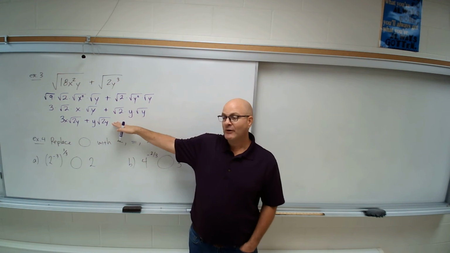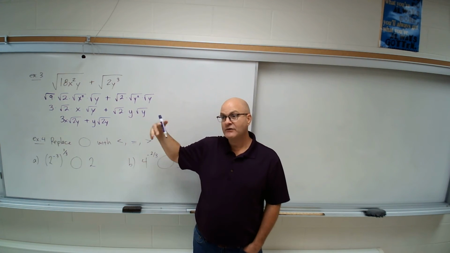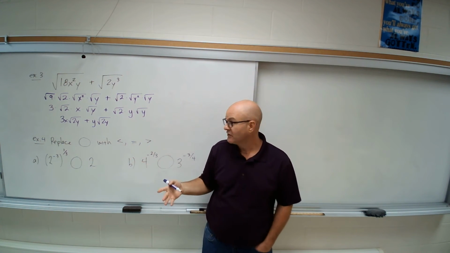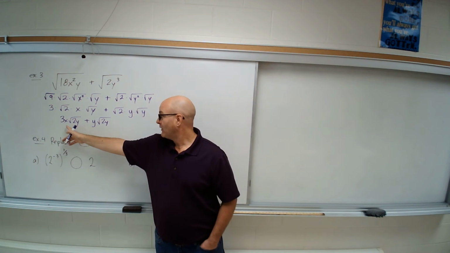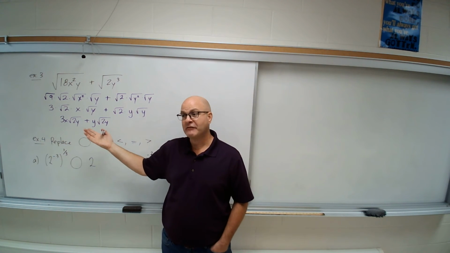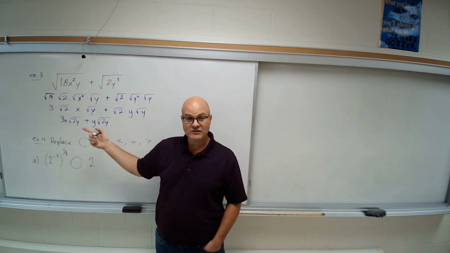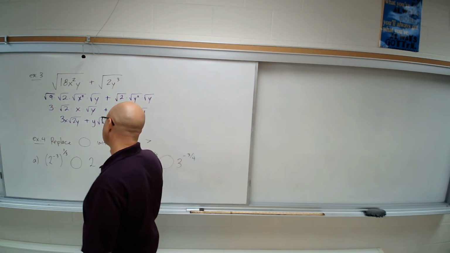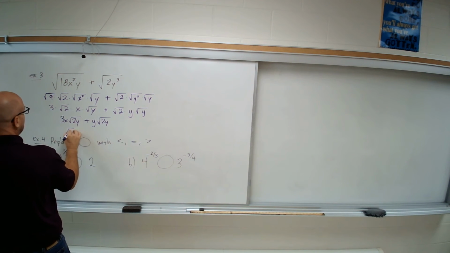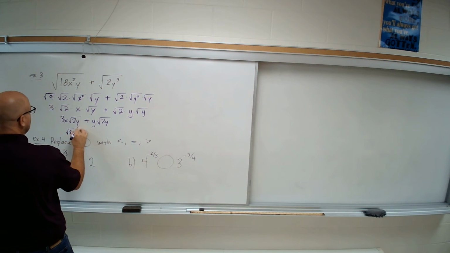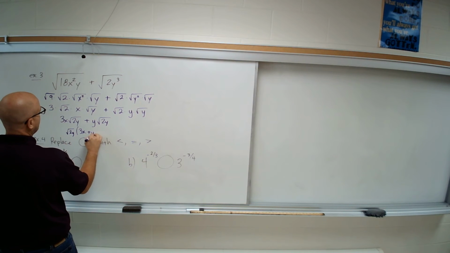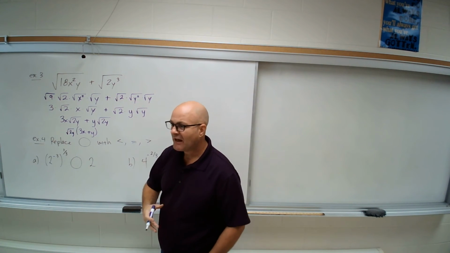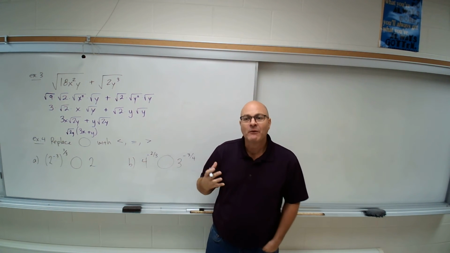This would be fine really to stop here, but you will see this in the future, so it's good to look at. If we look at these two terms, we do have a common factor, correct? They both have a square root of 2y. So a lot of times you'll see this written where you pull out the square root of 2y and you're left with 3x plus y. I'm not going to expect this of you, just something I wanted to show you.